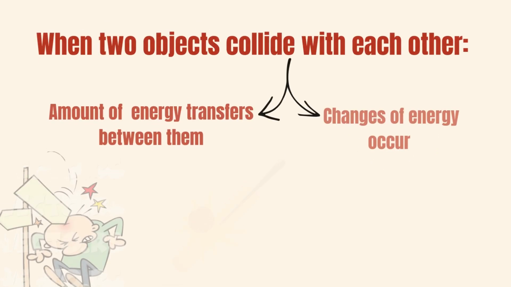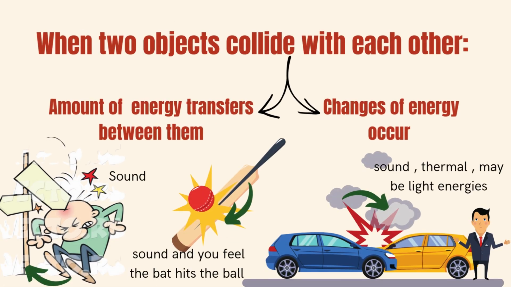As we studied, when two objects collide with each other, an amount of energy transfers between them, and a change happens in the energy. You remember the cricket player, when he hits the ball with the bat, what happens? Yes, kinetic energy transfers from the bat to the ball, making the ball change its speed and its direction, and we hear a sound like a pop.